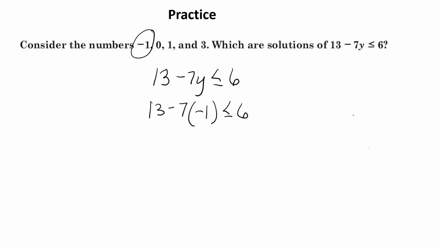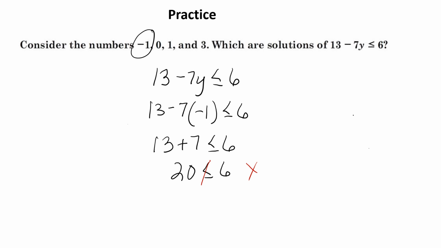Now remember, this is where you're going to want to do your order of operations. We take 13, -7 times -1 is going to give us a +7, less than or equal to 6. 13 plus 7 is 20, less than or equal to 6. That is not a true statement, so we're going to put a little line through that. Therefore, -1 is not a solution.